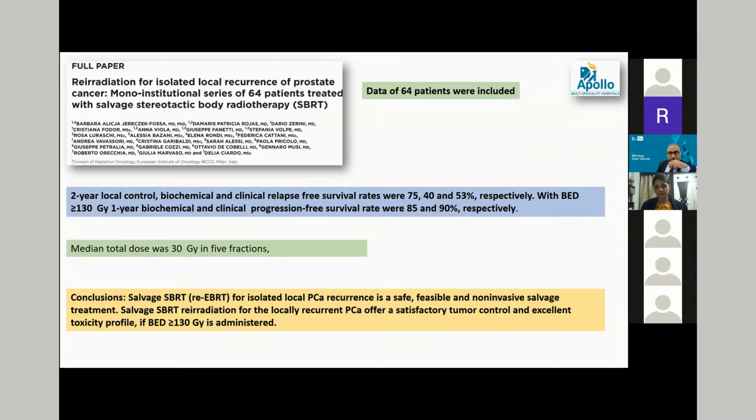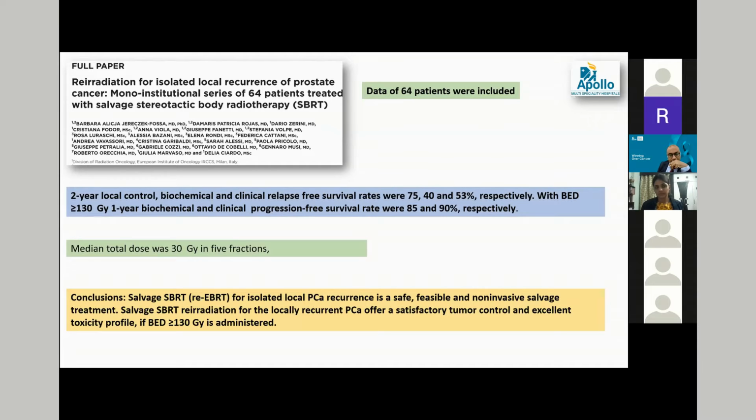This data is from Italy of 64 patients and the 2-year local control, biochemical and clinical relapse-free survival rate was 70, 40, and 53%. With BED more than 130 gray, 1-year biochemical and clinical progression-free survival rate were 85 and 90% respectively. So median total dose was 30 gray in 5 fractions.